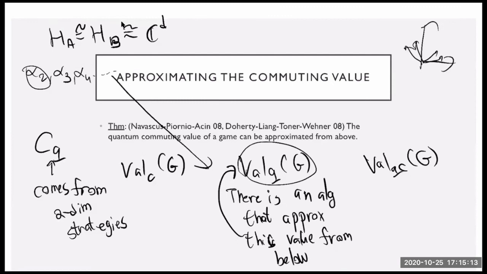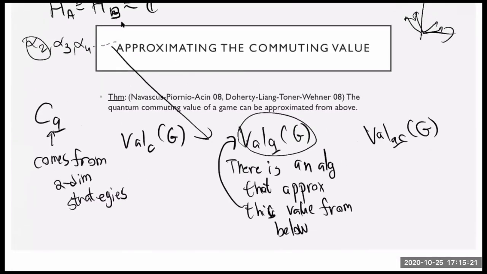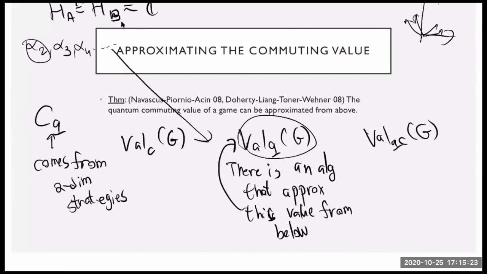Okay, so this is an algorithm that approximates this value from below. What does it mean? It means that if at some point in this calculation you get a number greater than 1/3, you know that the value of this game is greater or equal to 2/3, because the games we are given are either larger or equal to 2/3 or smaller or equal to 1/3.